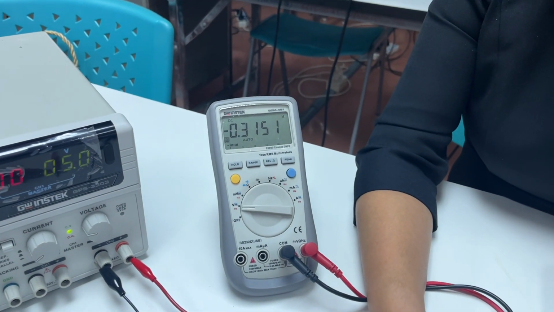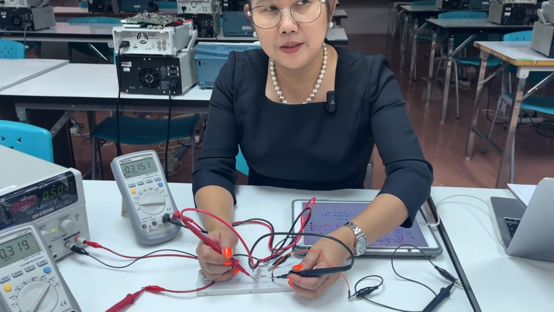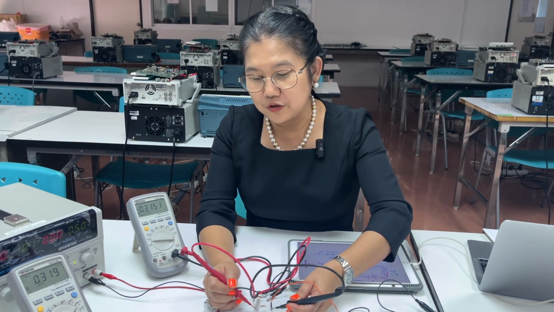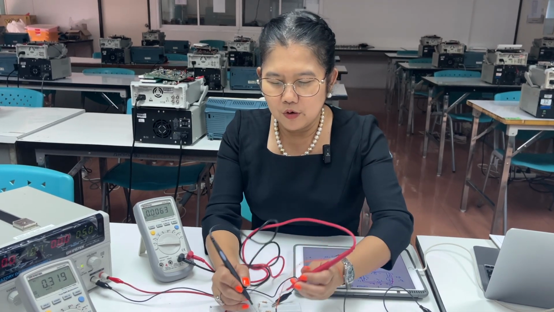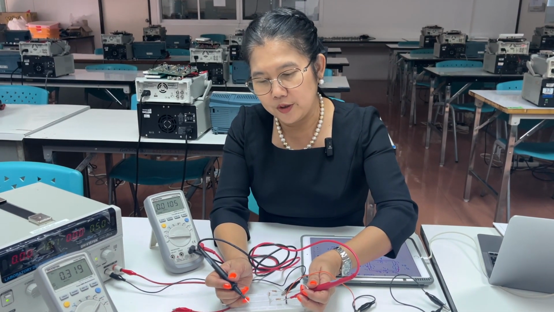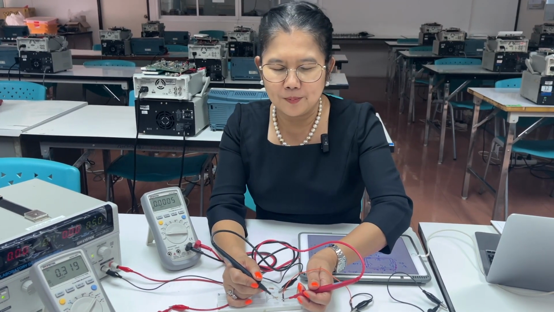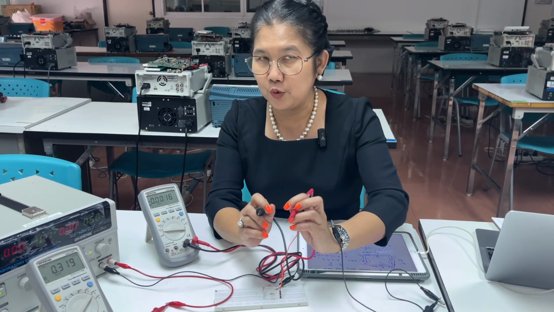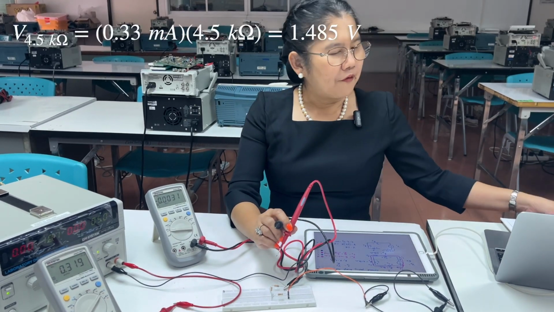It means that the current actually flows the other way. So that means your voltage drop across this 1K has the positive right at this point and the negative at this point. So you have to be careful when you're measuring which way is positive and which way is negative with the probes.